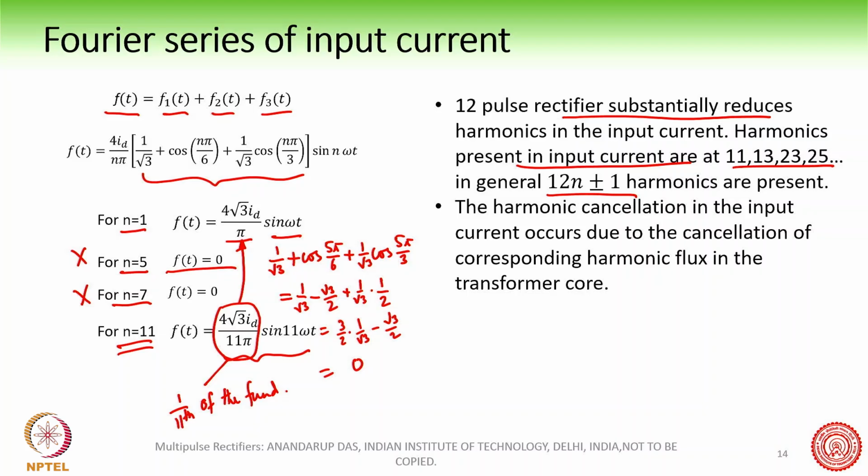Okay, and you should also note that the harmonic cancellation in the input current occurs due to the corresponding harmonic flux in the transformer core. Basically the cancellation of harmonics is happening in the transformer core only, because that is where all these currents and the corresponding fluxes are getting added up, and some of these fluxes, the harmonic fluxes, are cancelling each other, and that is why the input current does not contain these harmonics.